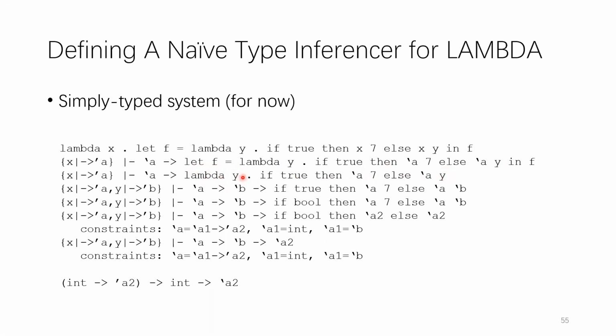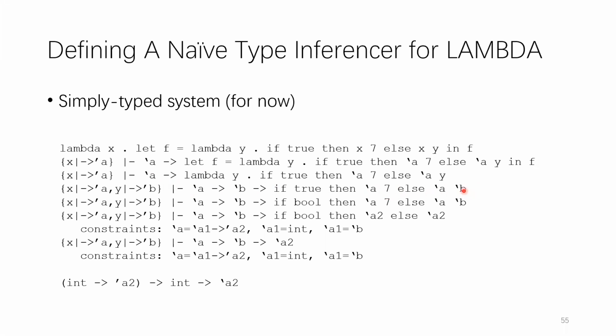And now we see a lambda y. Again, we don't know the type of y, so we need to assign a new type variable beta to it for now. So we end up with this. It's a function from alpha to beta to the body of it. And then we see this application, alpha applied to 7 and alpha applied to beta.